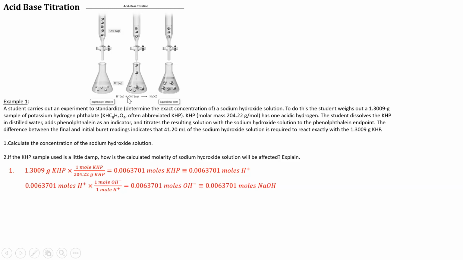That's just the stoichiometric ratio given in the equation. And I get 0.0063701 moles of OH minus, which is equivalent to the same number of moles of NaOH. Now that I have moles of NaOH, I can divide by the number of liters, which is this number divided by 1,000. Make sure you are getting familiar with converting from milliliters to liters. We will use that so much throughout the school year.